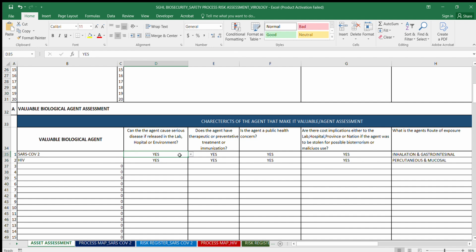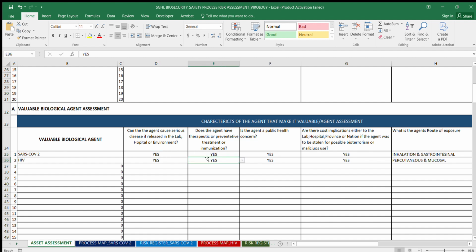Here you answer yes or no. If your answer is yes, it means the chances of someone wanting to come and get this biological agent increases. The likelihood that someone would want to steal it or misuse it increases as well.